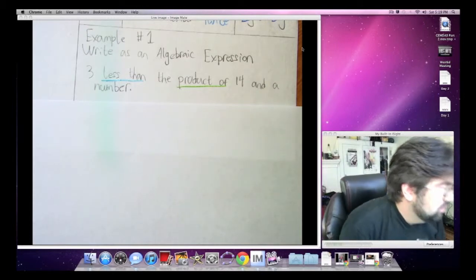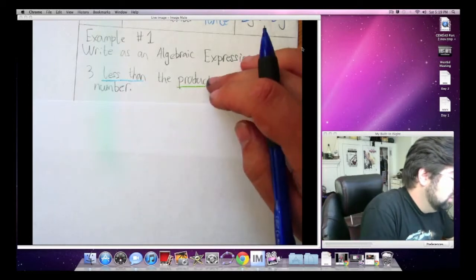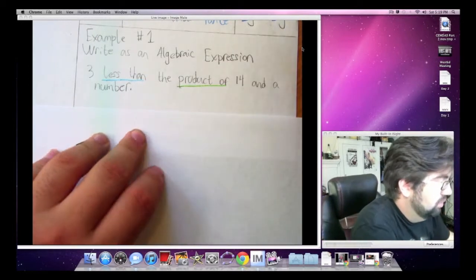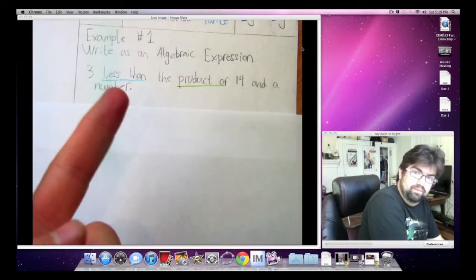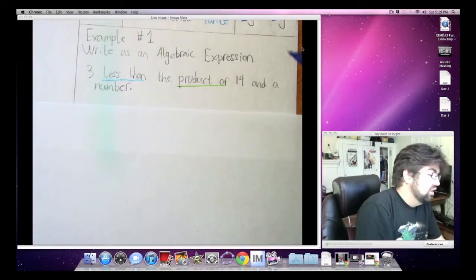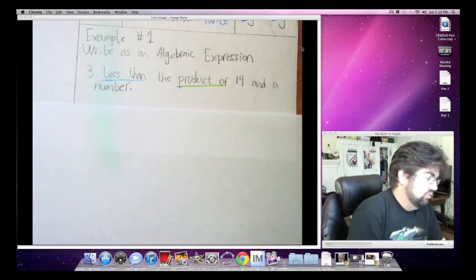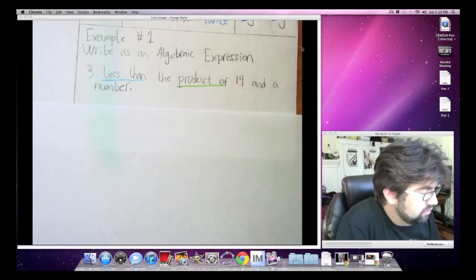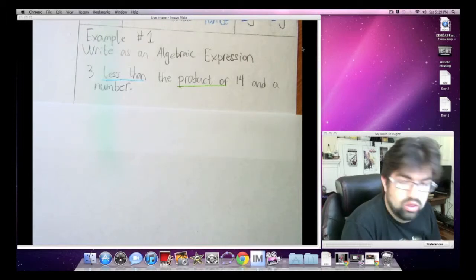If you remember, I mentioned the things about less than. Well, that means this is actually backwards. If I flip it the other way, I could rewrite this as the difference of the product of 14 and a number, and 3.